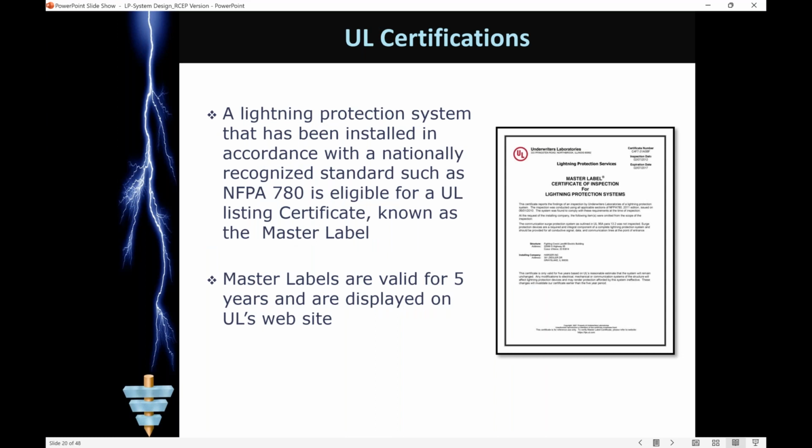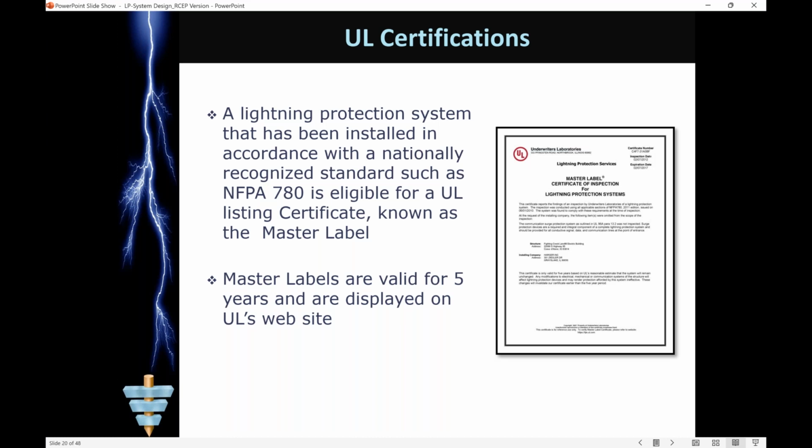So a lightning protection system that is installed in accordance with a nationally recognized standard, like NFPA 780, is eligible for a UL listing certificate known as a master label. So when the building's completely protected, you have UL come out, they will inspect it, and then they will issue what they call a master label that's good for 5 years.